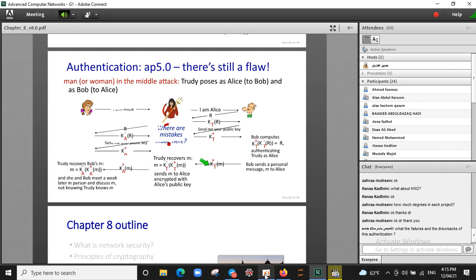This is straightforward. This is simple. Trudy sits between Alice and Bob, and he or she, Trudy, will answer to the other side. She creates a communication with Alice and creates another communication with Bob.